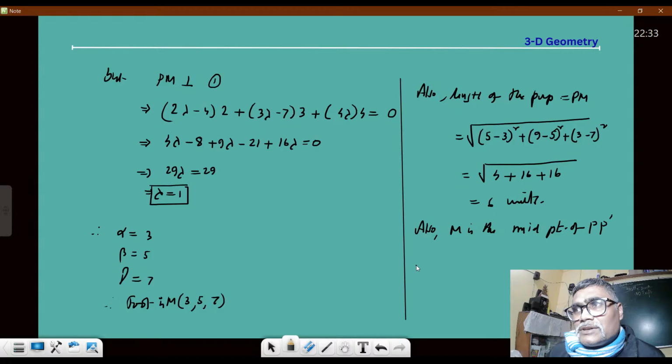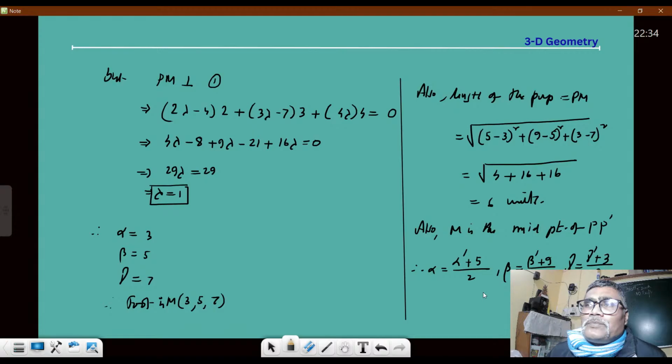Therefore, what you can write: alpha equal to alpha dash plus 5 divided by 2, beta equal to beta dash plus 9 divided by 2, and gamma equal to gamma dash plus 3 divided by 2.